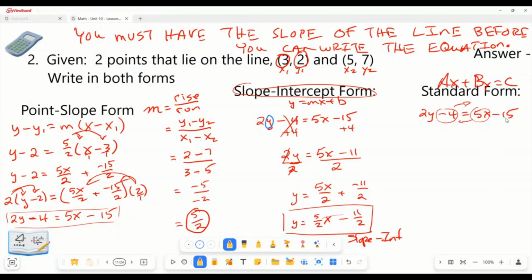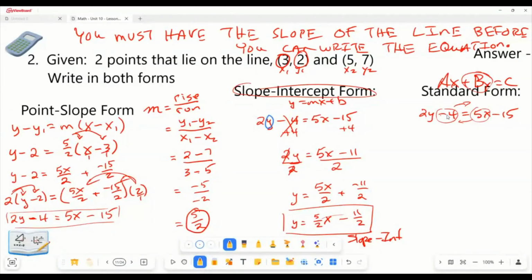It doesn't matter which one I do first. I tend to start from the left and move to the right. The 4 is being subtracted from 2y. The 2 is being multiplied. And we're not trying to get y by itself anyway. So we don't want to mess with 2y. We're close to at least having this part of standard form right here.